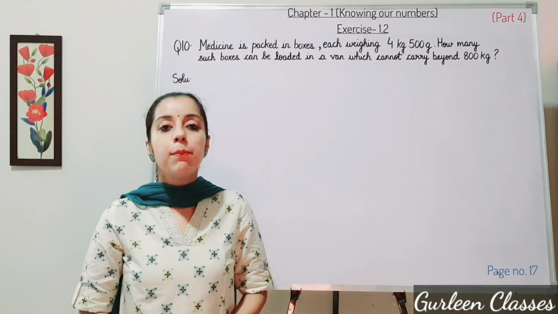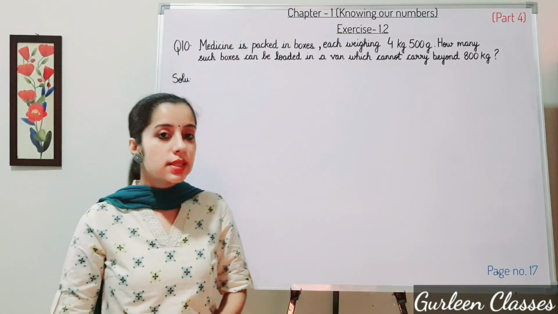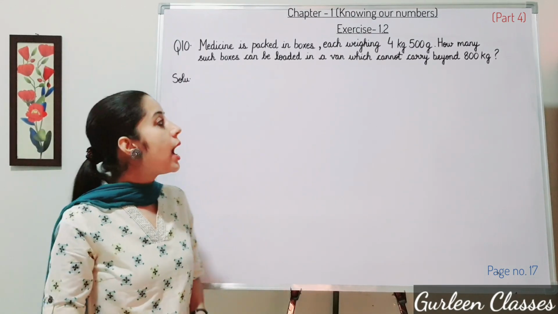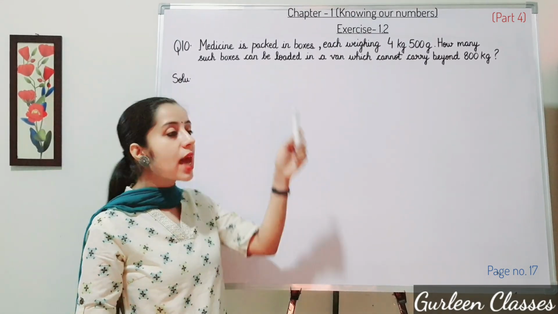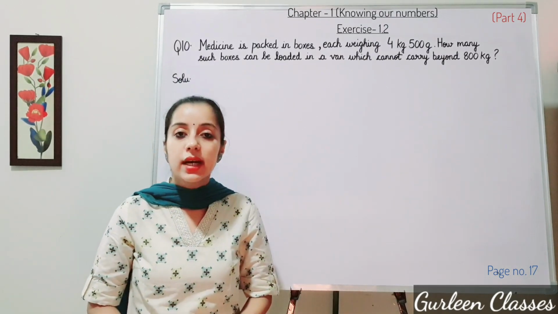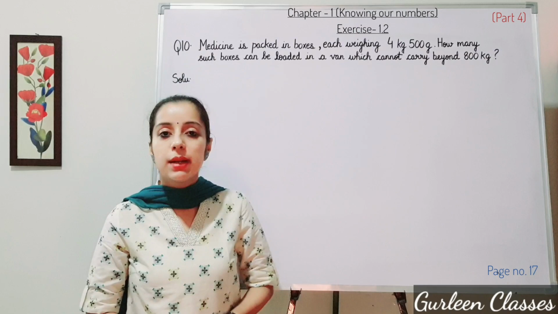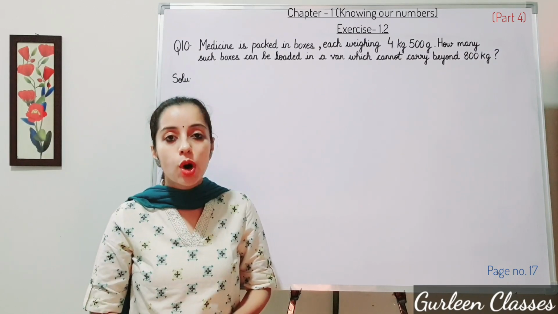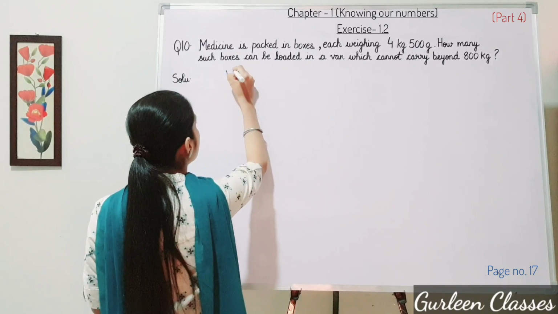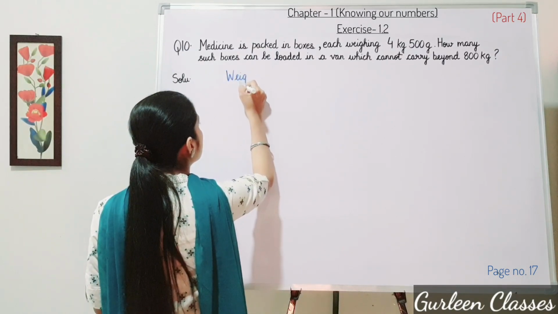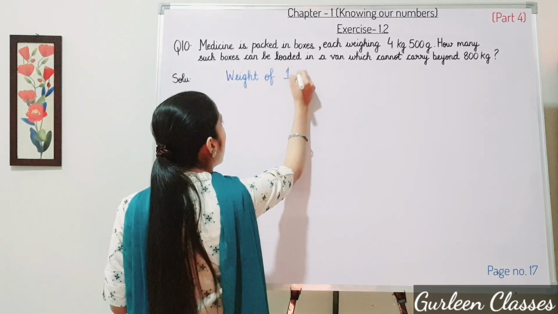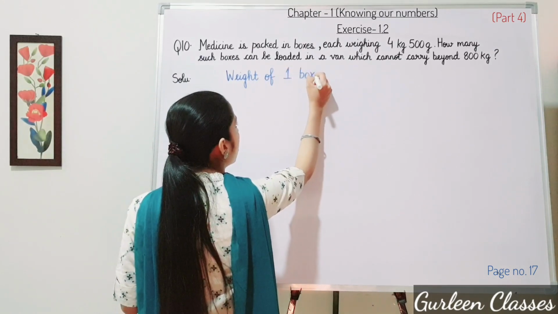Question number 10. Medicine is packed in boxes, each weighing 4 kg 500 gram. How many such boxes can be loaded in a van which cannot carry beyond 800 kg? So first we will write the weight of one box. What is the weight of one box given?